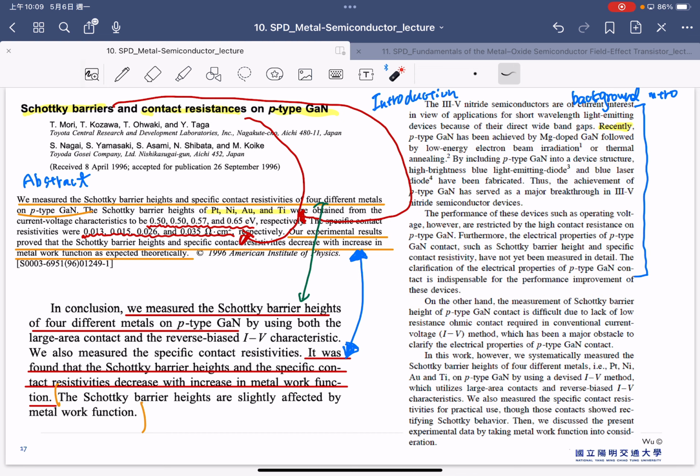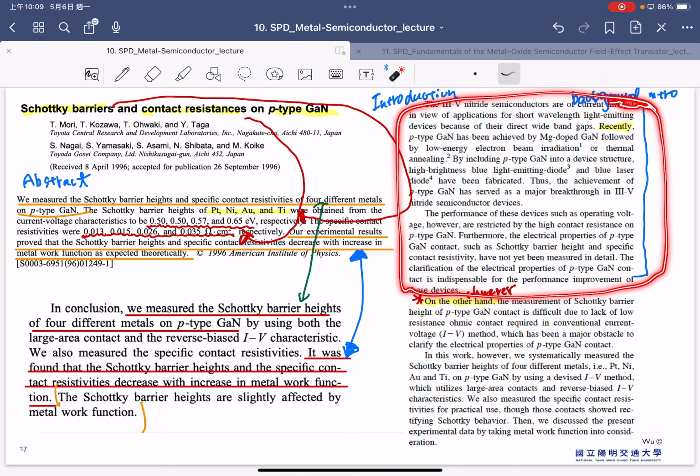Usually the most important part of the introduction always comes after certain words, for example, "on the other hand" or "however". Before that, the part is usually to illustrate how good gallium nitride is, how fantastic it is for use.